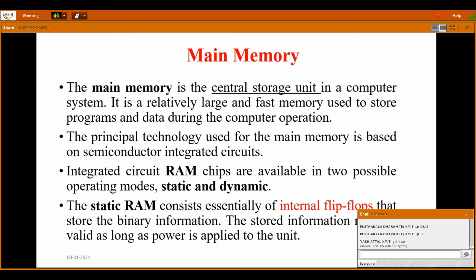Integrated circuit RAM chips are available in two possible operating modes: one is static RAM, SRAM, and the other is dynamic RAM, DRAM.